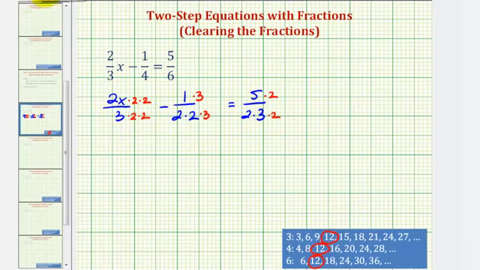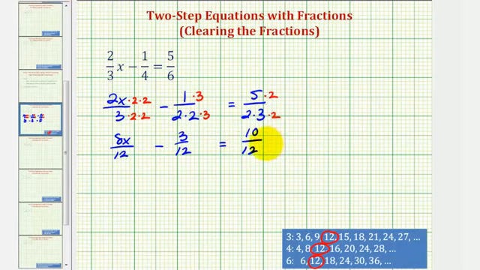Let's go ahead and rewrite this as 8x over 12 minus 3 twelfths equals, this would be 10 twelfths. Remember, our goal here is to clear the fractions from the equation. So now we're going to multiply each fraction by 12, or 12 over 1.